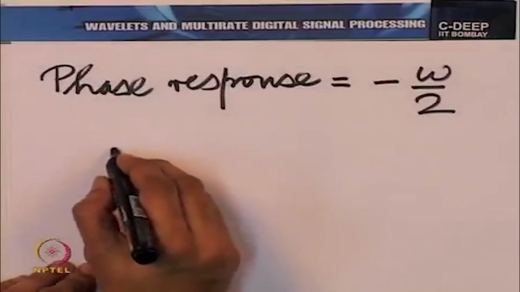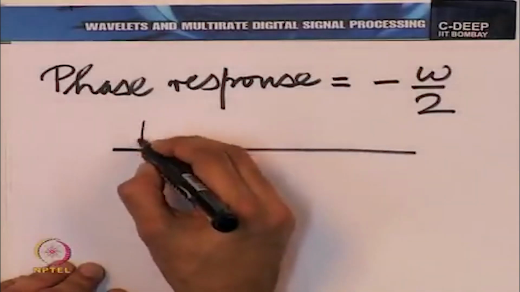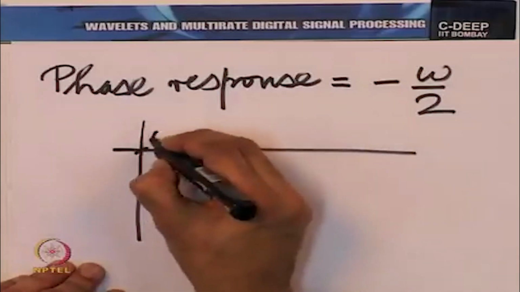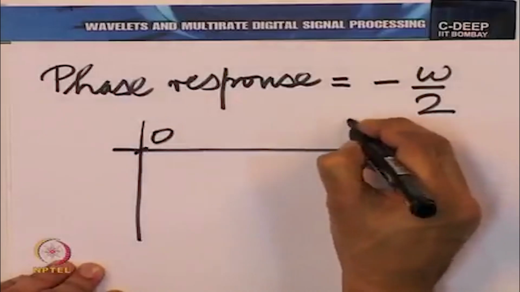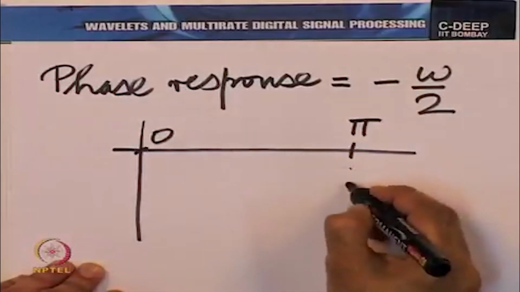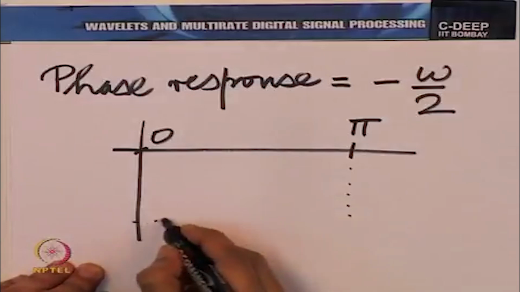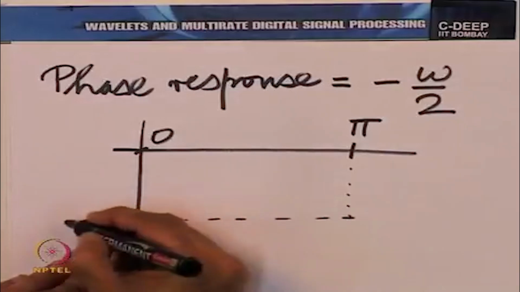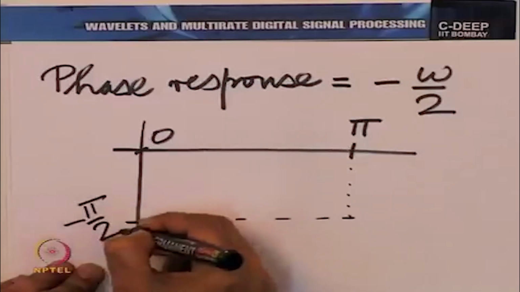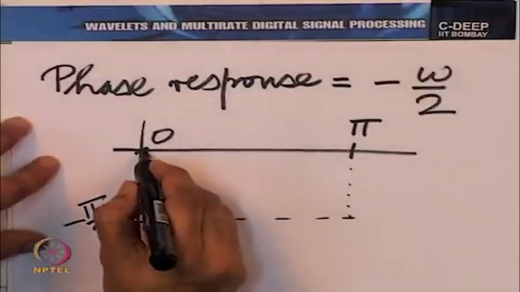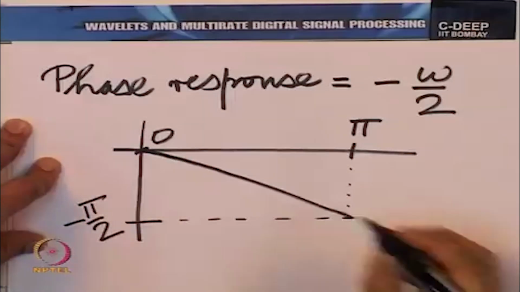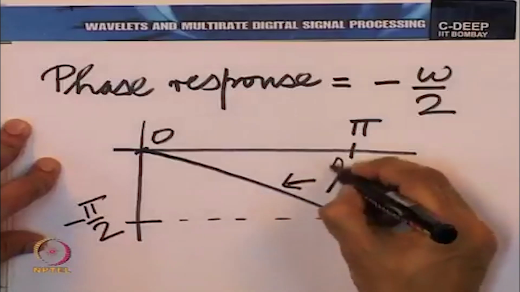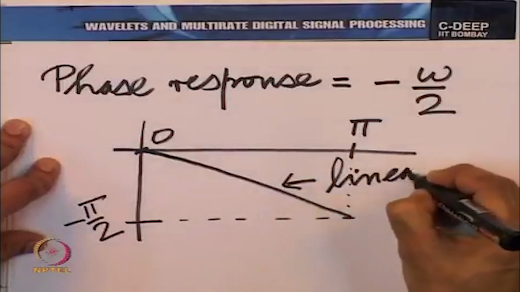So, in the region from 0 to pi, at pi it would of course take on the value of minus pi by 2, and this is a straight line. So, in fact, you get what is called linear phase.